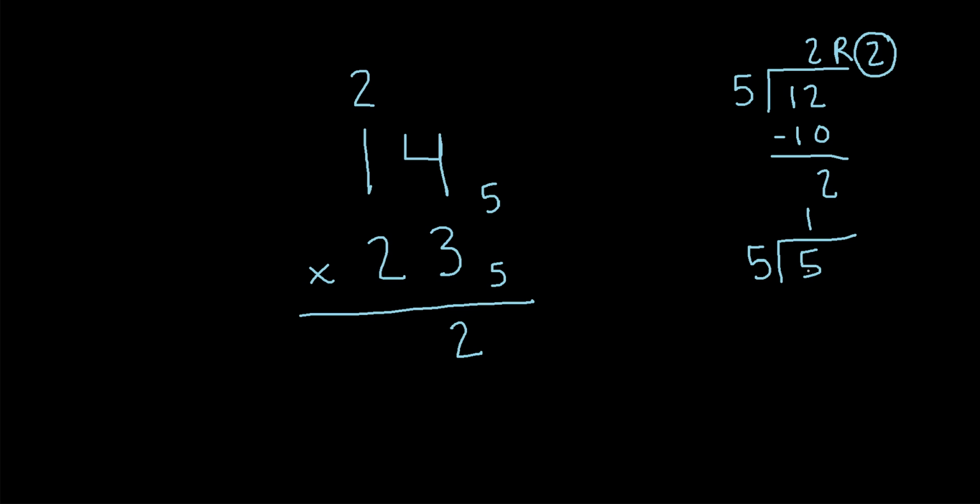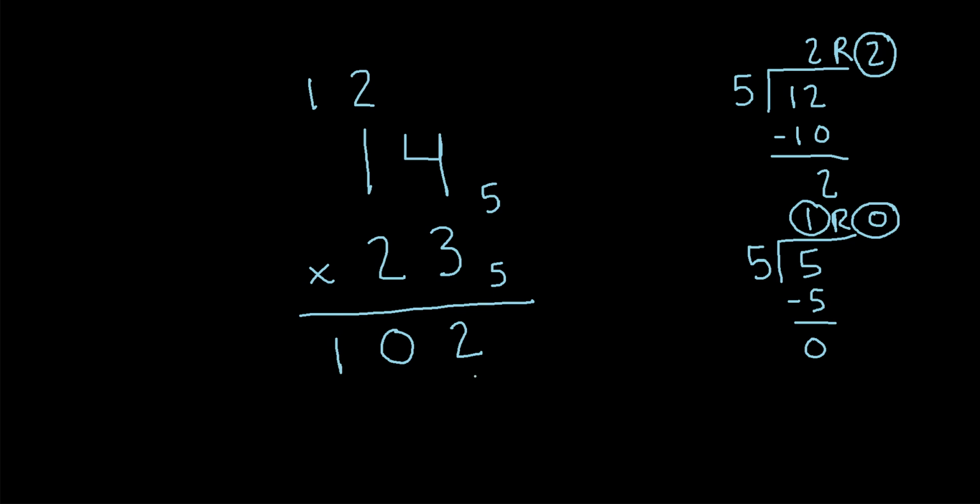So 5 times 1 is 5, so we get to say 5 minus 5, that's 0. So this 0 represents our remainder, so we'll write remainder 0. And remember the trick, the remainder that we get is what we write right here. The whole number that we get from the division will be added to the next column. So this 1 gets added to this column. So lastly, we have 1 plus 0, so we'll just bring that down and write a 1.